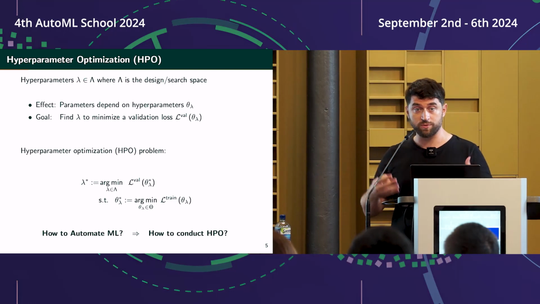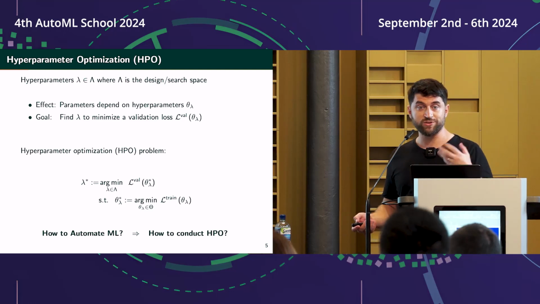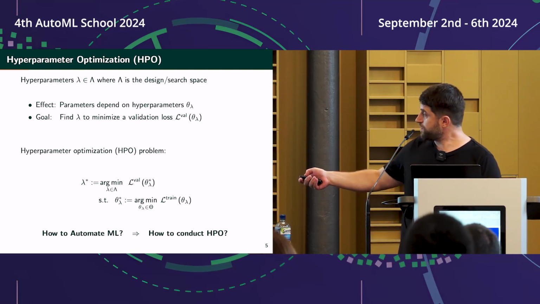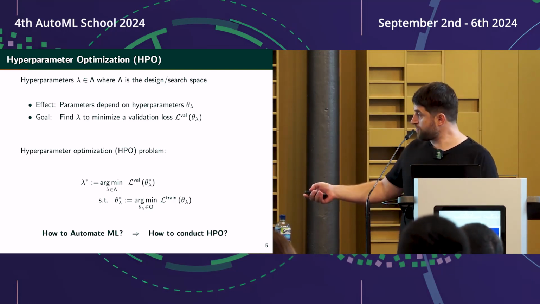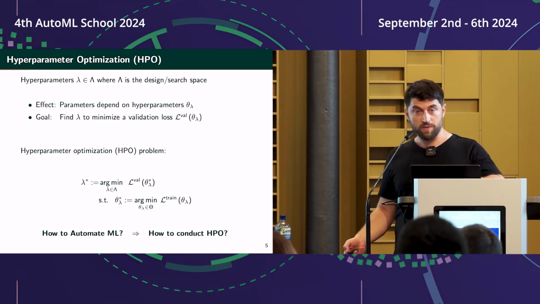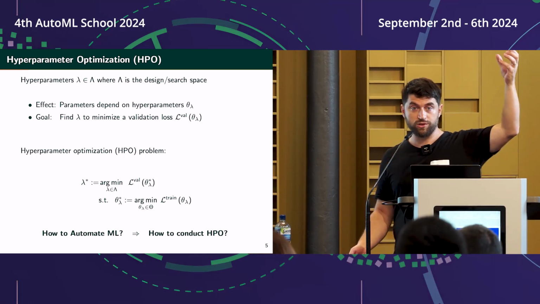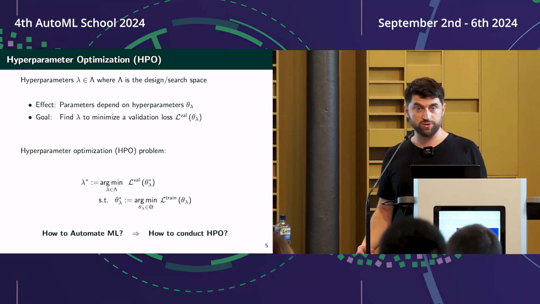So we search for the optimal settings of a deep learning pipeline, such that if we train a neural network with those settings, in other words, if we train our parameters theta, the weights of a neural network, with those settings, then the converged parameters on the training set, when applied to a new subset of the data, aka our validation set, perform as well as possible.